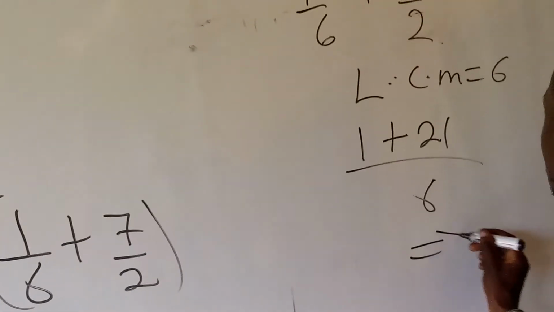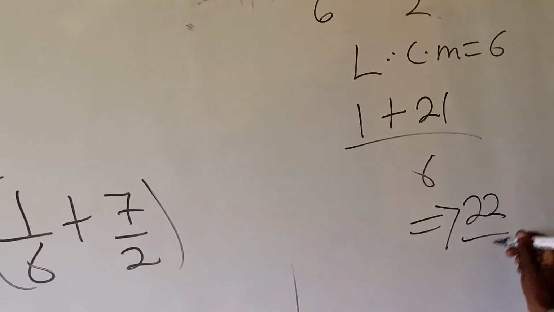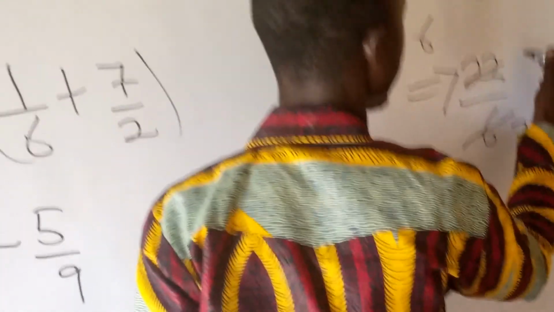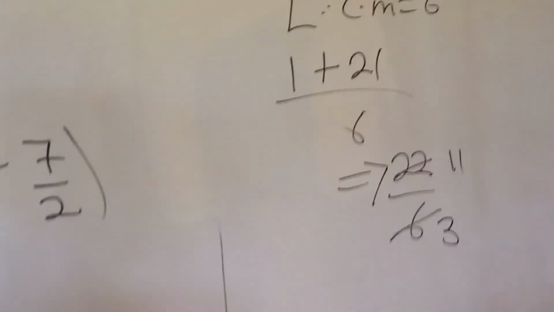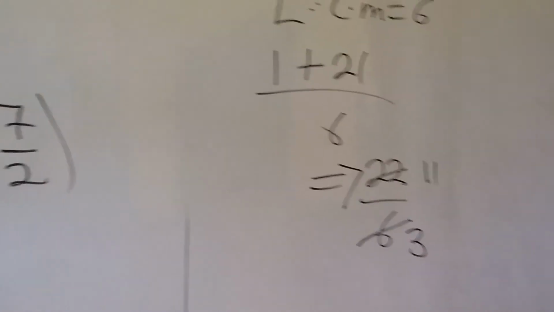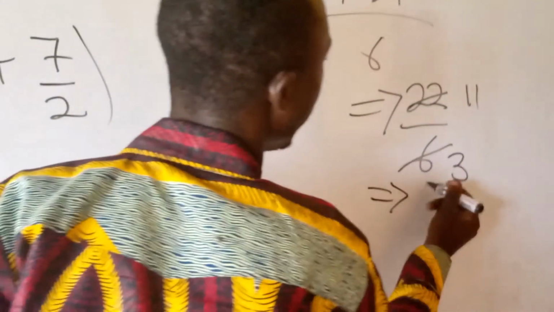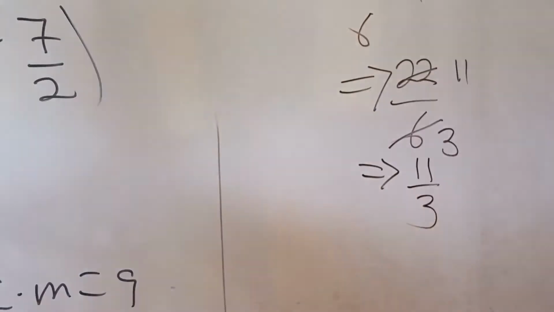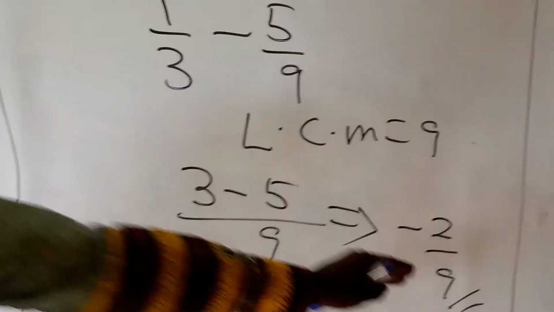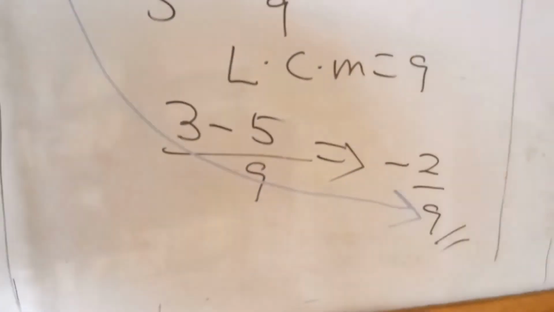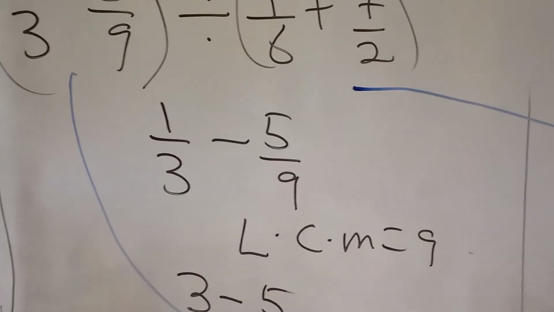So we have 22/6. This will go here 3. This goes here 11. Because the common divisor is 2. And 2 goes into 6, 3. 2 goes here 11. We have 11/3. And once we know the answer for this, and also the answer for this, we eliminate it and substitute it.